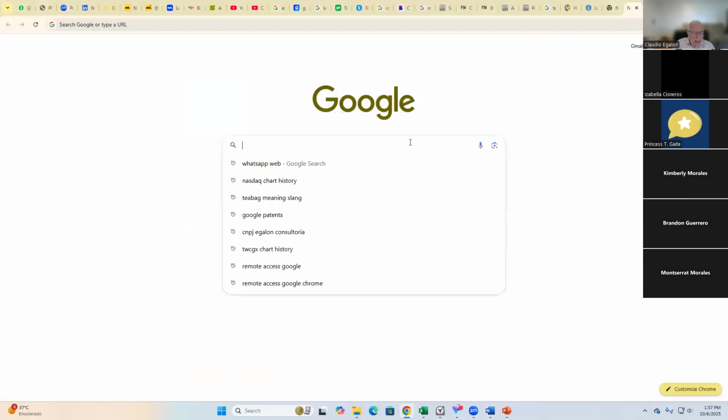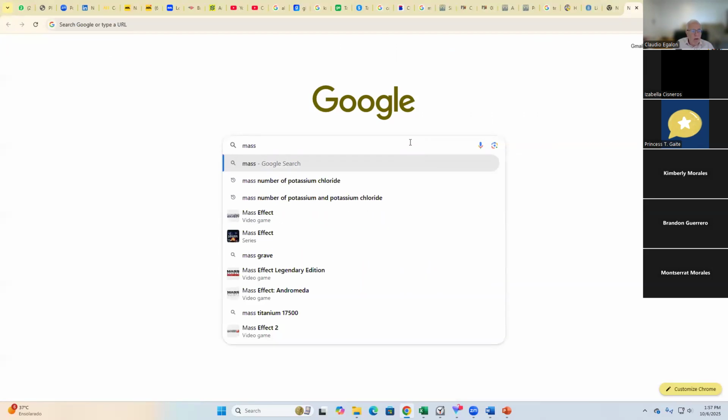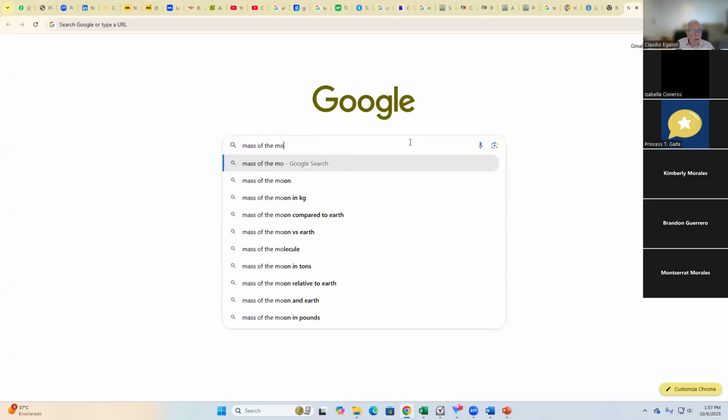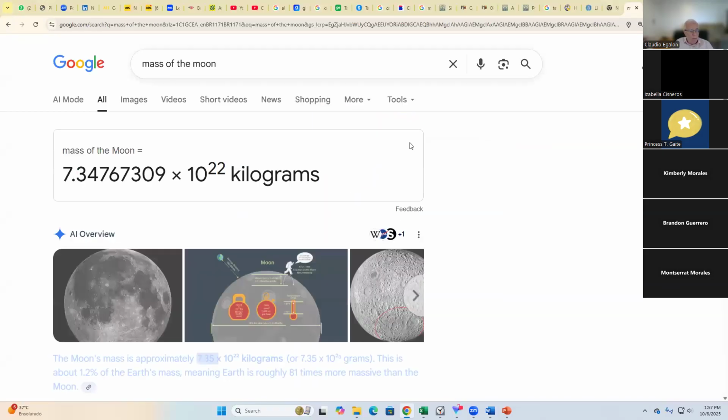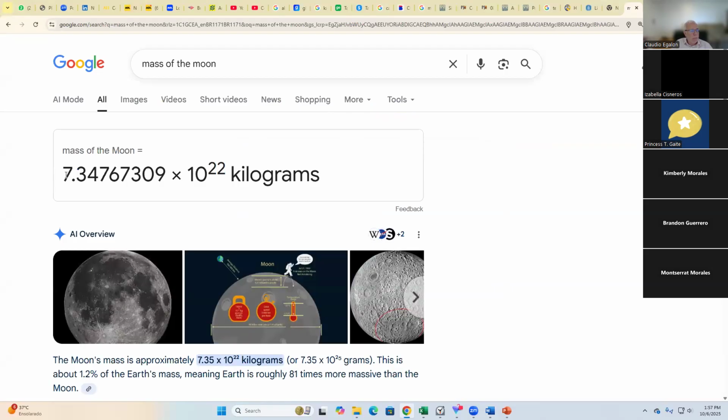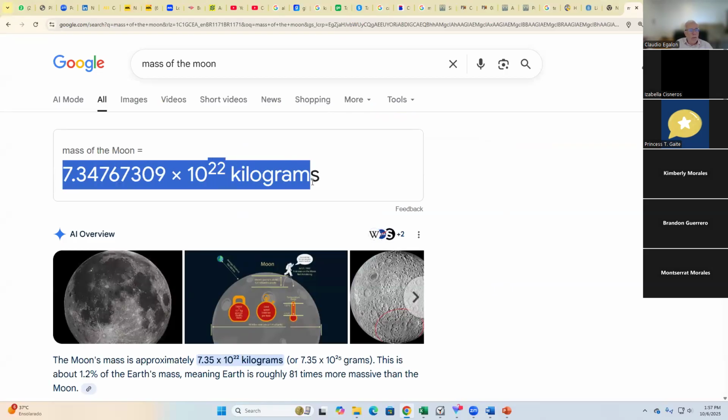The moon is not a planet, but it does exert a non-negligible force, non-negligible weight. Let's look at the mass of the moon. Here you go. That's the mass of the moon, 10 to the 22 kilograms. Very large.